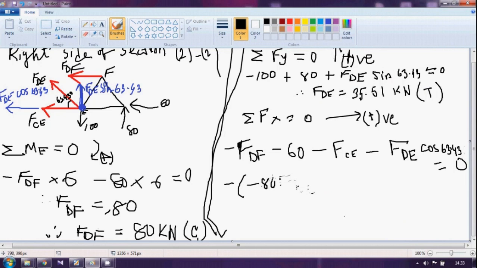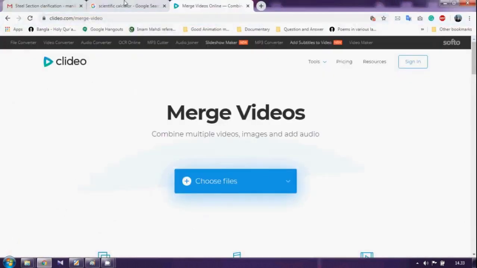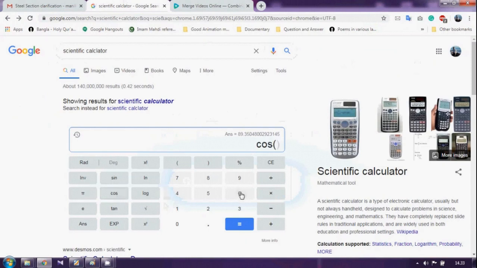So minus 80, minus 60, minus F_CE which I have to determine, and minus F_DE, which is 35.51 cos 63.43, giving 29.34.